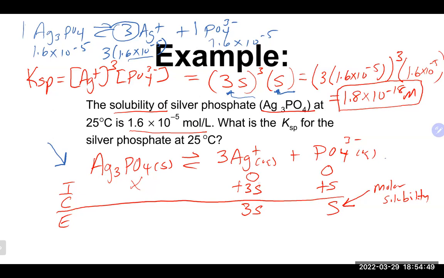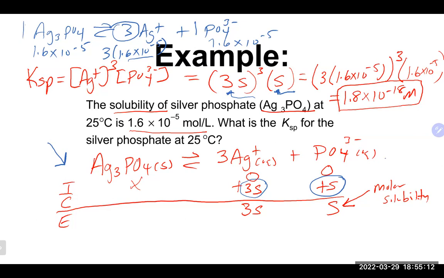But again, if you do the ice table, it gives you those relationships of the whole thing to each of the ions in terms of the molarity and how they're related. It might be a safer way of doing it. But technically speaking, you could just go to the concentration of each of the ions and then into the Ksp expression. Obviously, you would get the same answer. Any questions on that there?